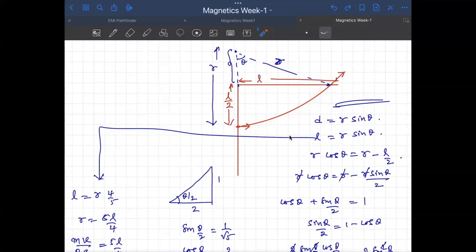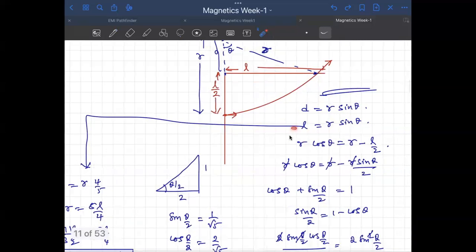In the place of D, you have L. D is equal to R sin theta. Allowed? L is equal to R sin theta. What is L by the way? L is nothing but R sin theta. If this is theta, then L is R sin theta.